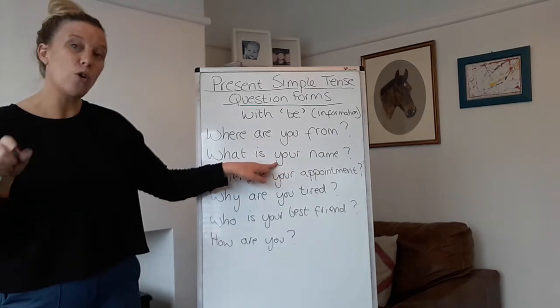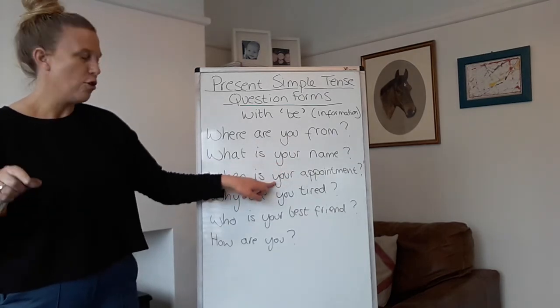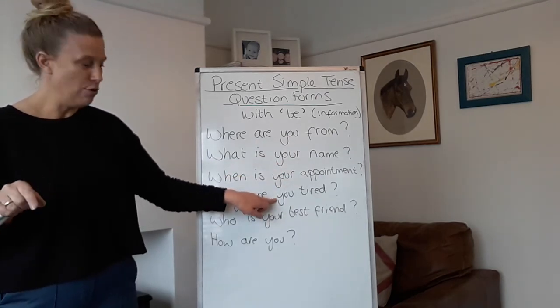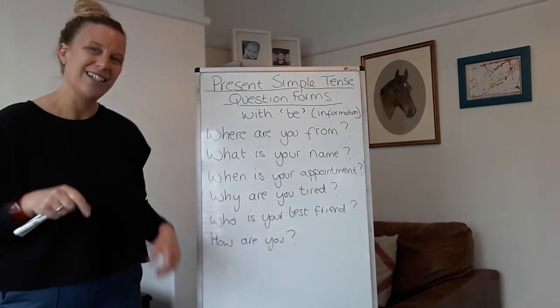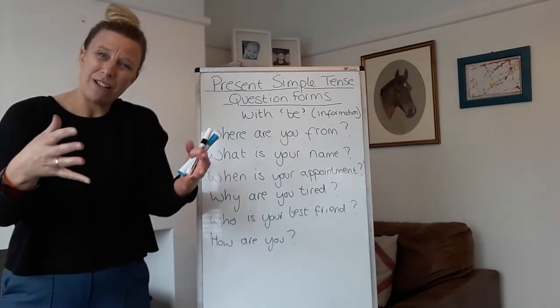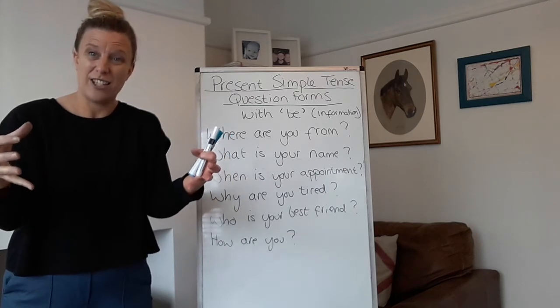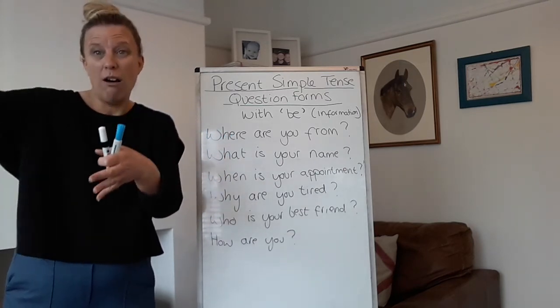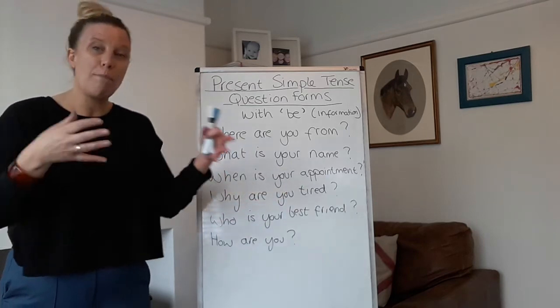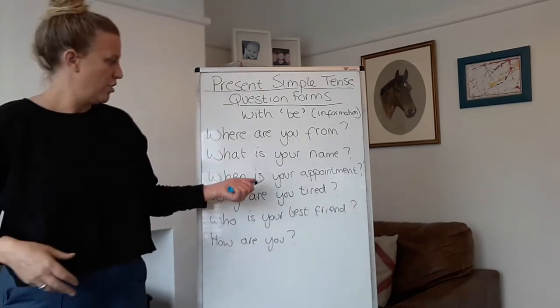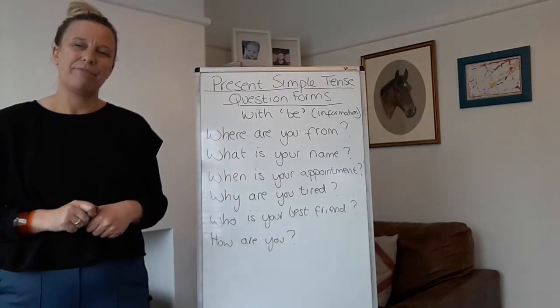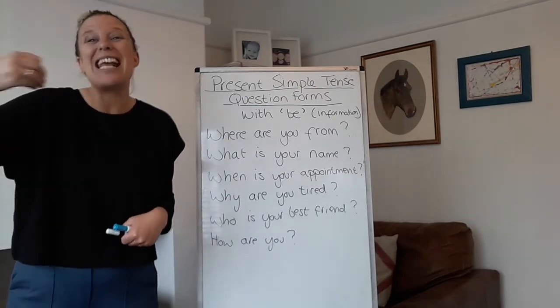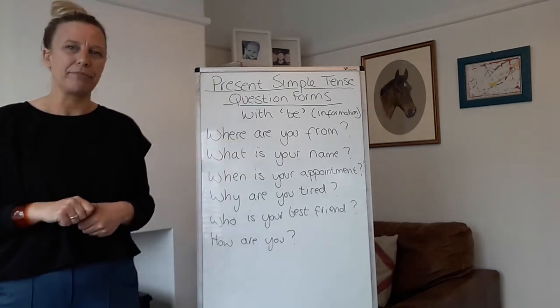Here the subject is your name, your appointment. Here it's you, and here it's your best friend. Do you see the subject is your best friend, not you? That's the subject, your best friend, so that's him or her. Here the subject is your appointment, so that's it, which is why we've got this is, because the answer would be my appointment is on Wednesday.